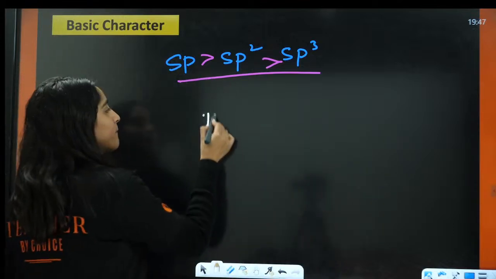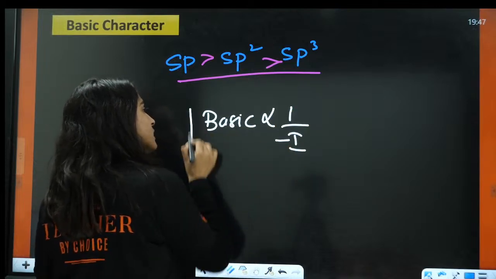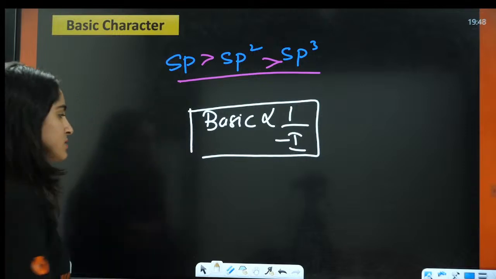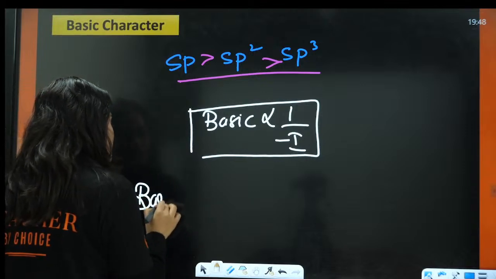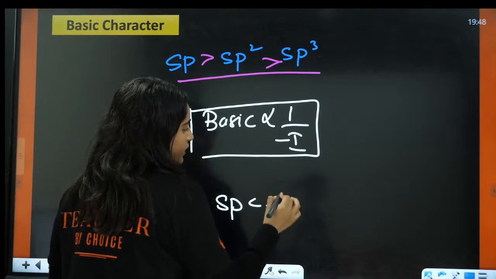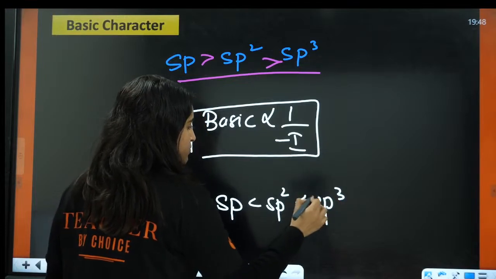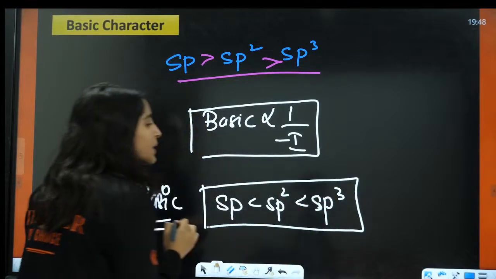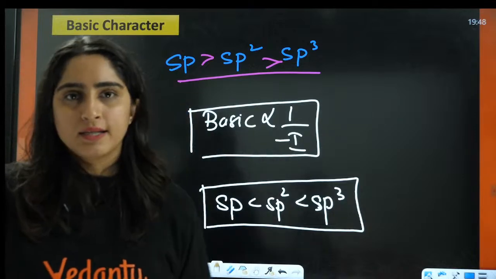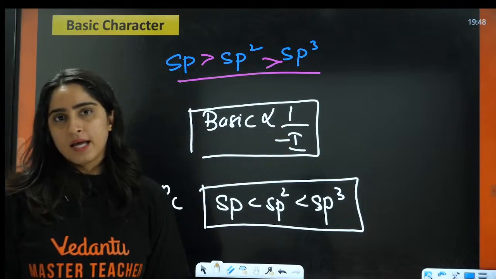Now we know basic strength is inversely proportional to minus I. That means the basic strength order will be sp least, sp2, then sp3. The sp3 atom will be the most basic among all these because it has least minus I.